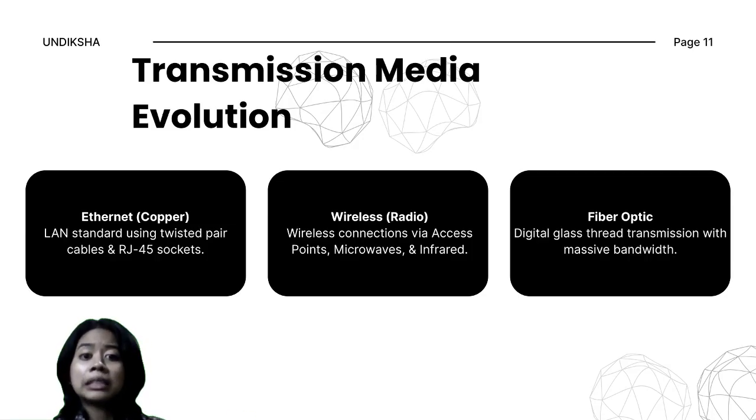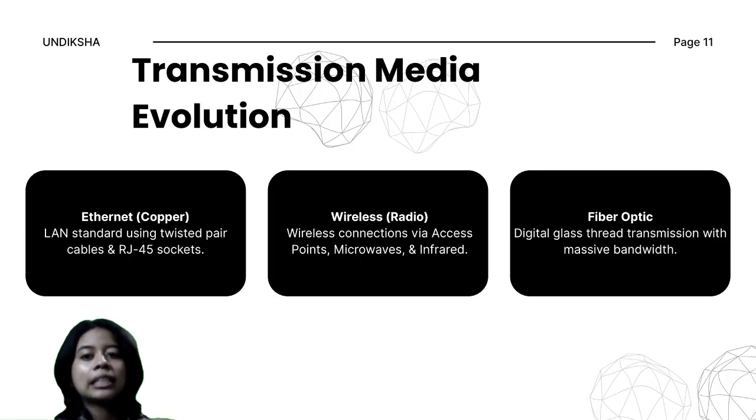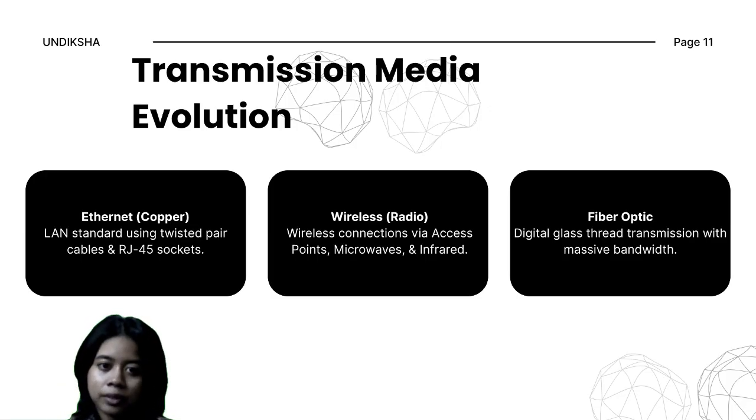As mobility demands grew, we saw the rapid rise of wireless technology. Wireless networks completely eliminated physical cables, instead broadcasting data over the air using high frequency radio waves, microwaves, or infrared light directed through a strategic access point.